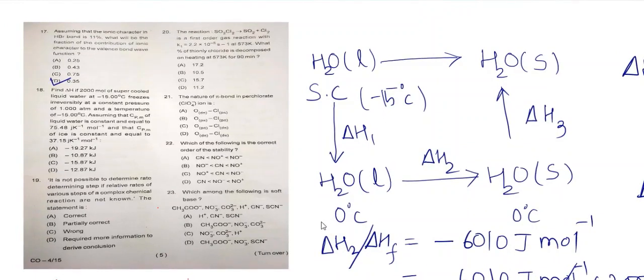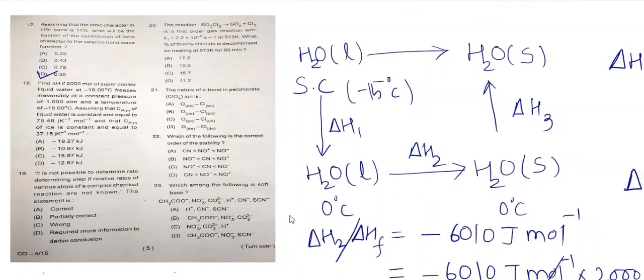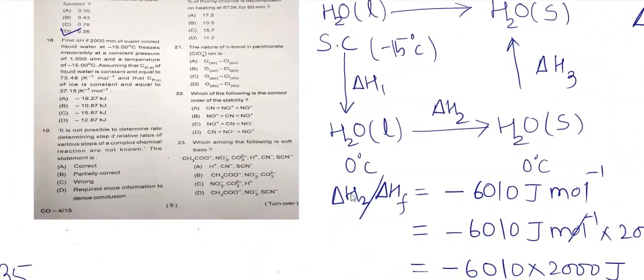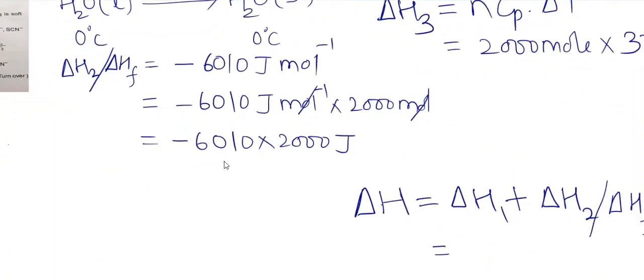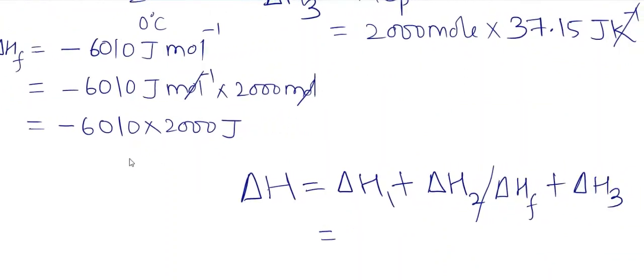You will get the approximate answer. What will be the answer? Option B, minus 10.87 kilojoule. You will solve it in the calculator and definitely get the answer.